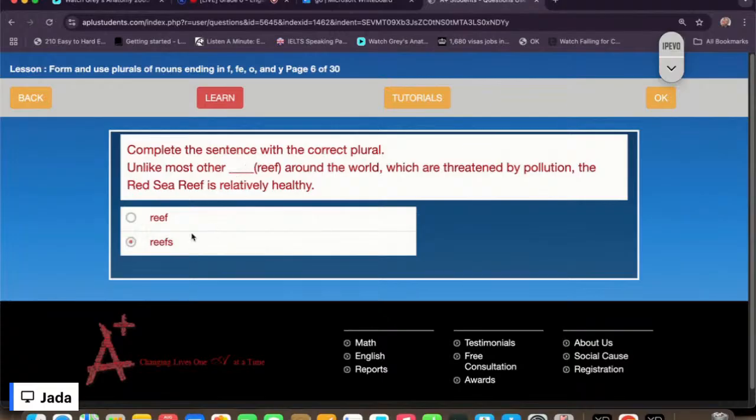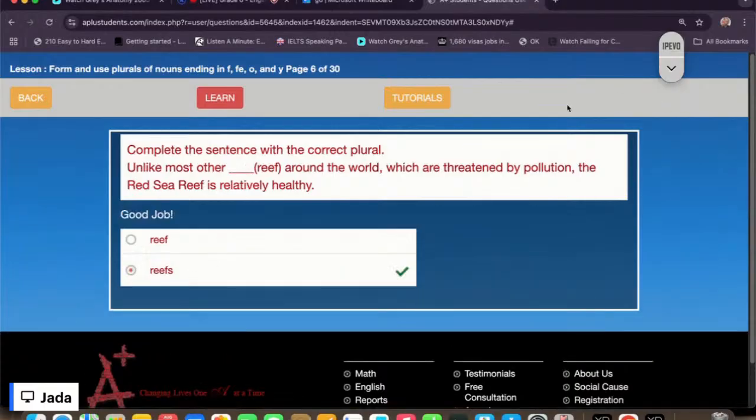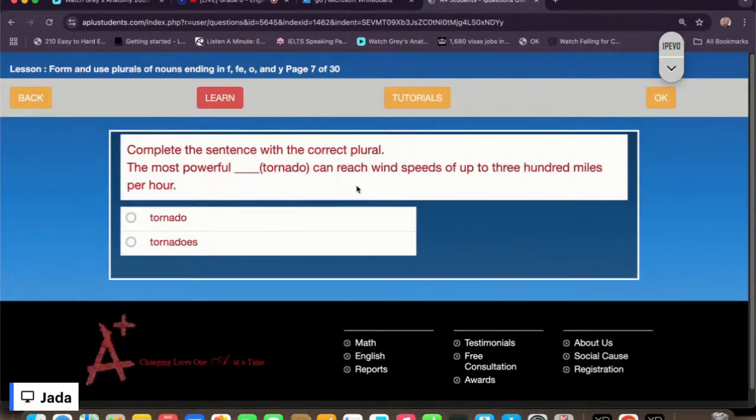Okay, so we have reefs, the second. The most powerful tornadoes can reach wind speeds of up to 300 miles per hour.